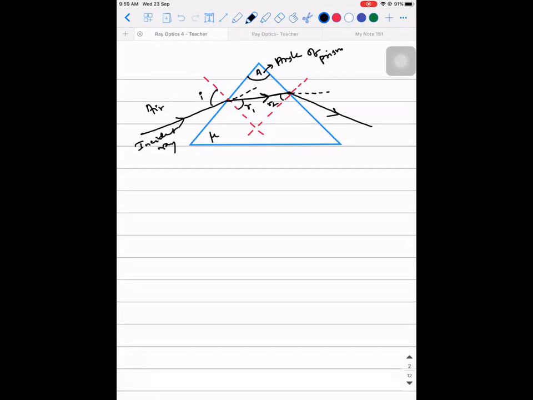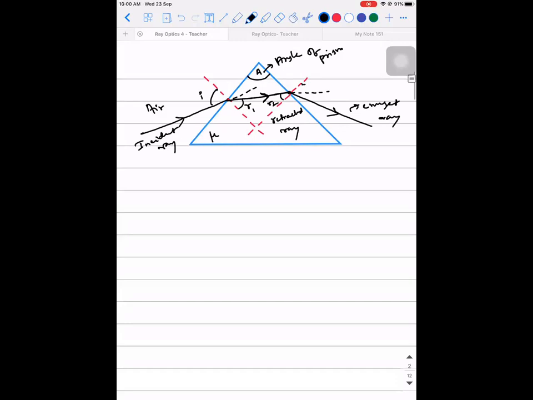Inside is called the refracted ray, and outside is called the emergent ray. The angle made by the incident ray with the normal is called angle of incidence. The angle made by the refracted ray with the normal is called angle of refraction. Then what will be the name of the angle made by the emergent ray with the normal? Angle of emergence. So this is what we call the angle of emergence.